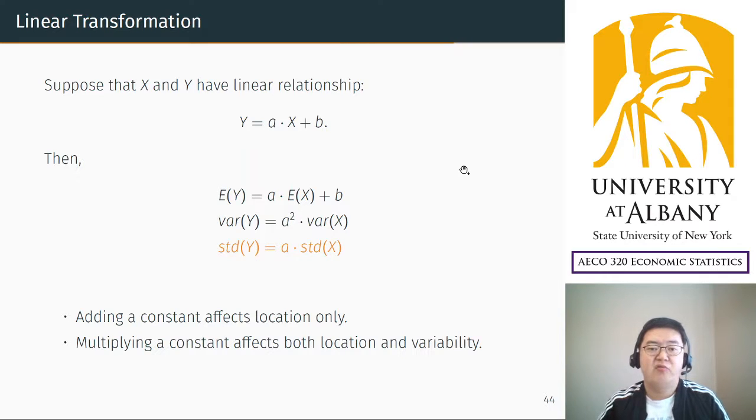In sum, we may put additional formulas under these two. Expectation behaves really well. It preserves the linear relationship, and variance has some problems. Two problems: addition disappears and multiplication is squared. So this was typically a problem. So we made up a new measure, the standard deviation, and now at least it preserves multiplication, even though it does not preserve addition.